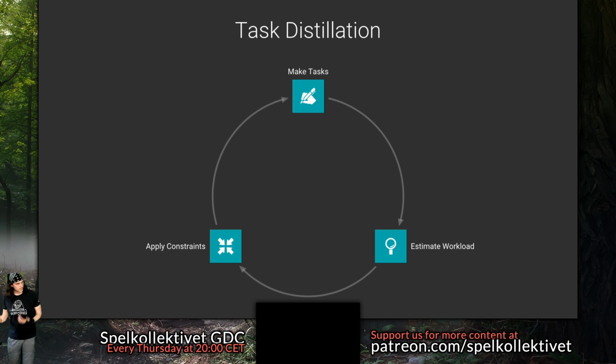So, for example, let's make a task. Let's say that let's make a background for a 2D game. So the task is make a background.